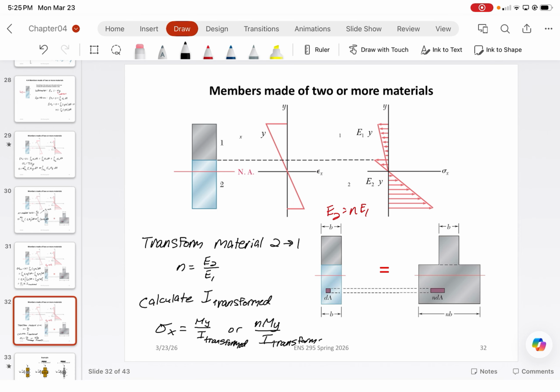Let me rewrite this slightly. If we wanted the stress in material 1, it would just be My over I. But if we wanted the stress in material 2, you would need to multiply it by n.